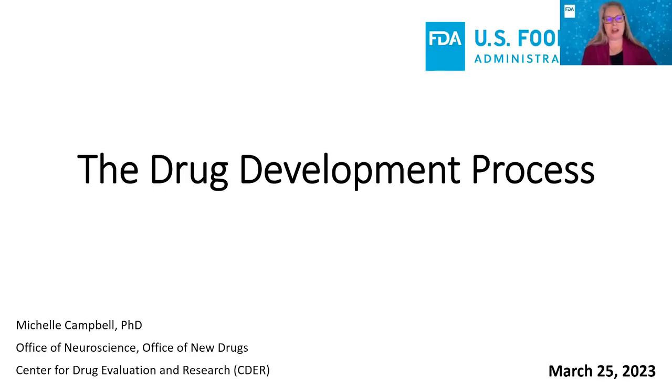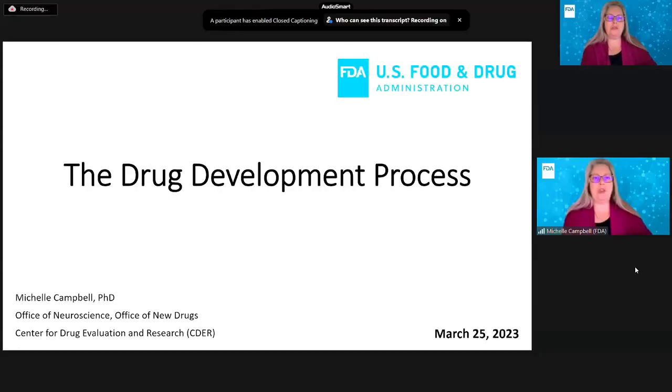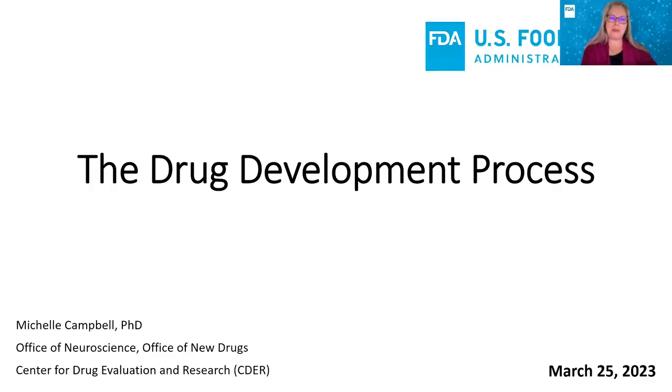Typically, I spend a lot of my time presenting on patient-focused drug development, clinical outcome assessments, rare disease, clinical trials, and the challenges with those. Today, it's a great opportunity for me to speak about something that is at the foundation of everything I talk about: what do we do every day?